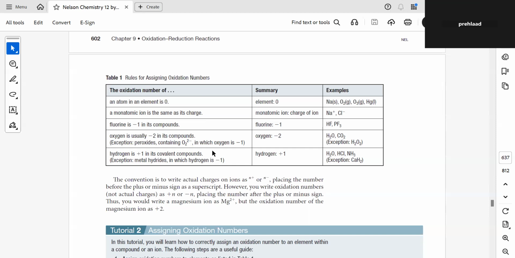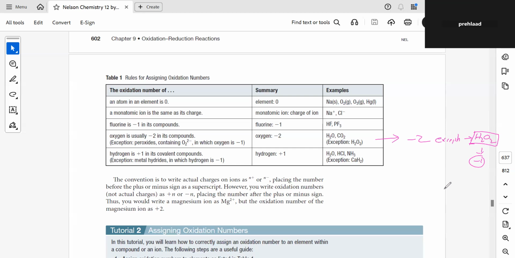I said the oxidation number of oxygen is always -2. The exception is peroxide, like H2O2, hydrogen peroxide. I'm taking that as an example. Only in this case, when it is a peroxide, it is -1. Otherwise, if you see oxygen, it is -2.